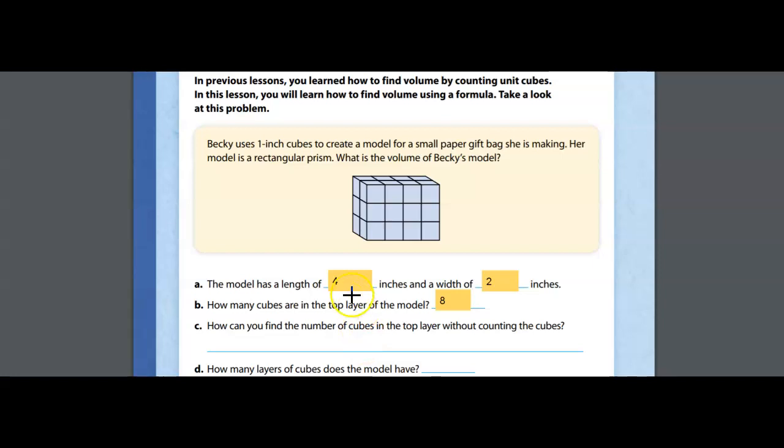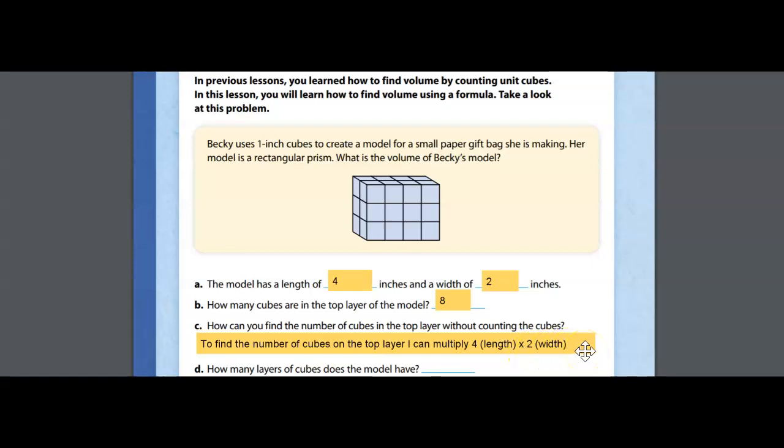We could have multiplied our length, which is 4, how long it is, times our width, how wide it is. And that would have given us the number of cubes on this top layer. So let's press pause and write that answer in the space below. Your answer should say in complete sentences, to find the number of cubes on the top layer, I can multiply 4, which is the length, times 2, which is my width.